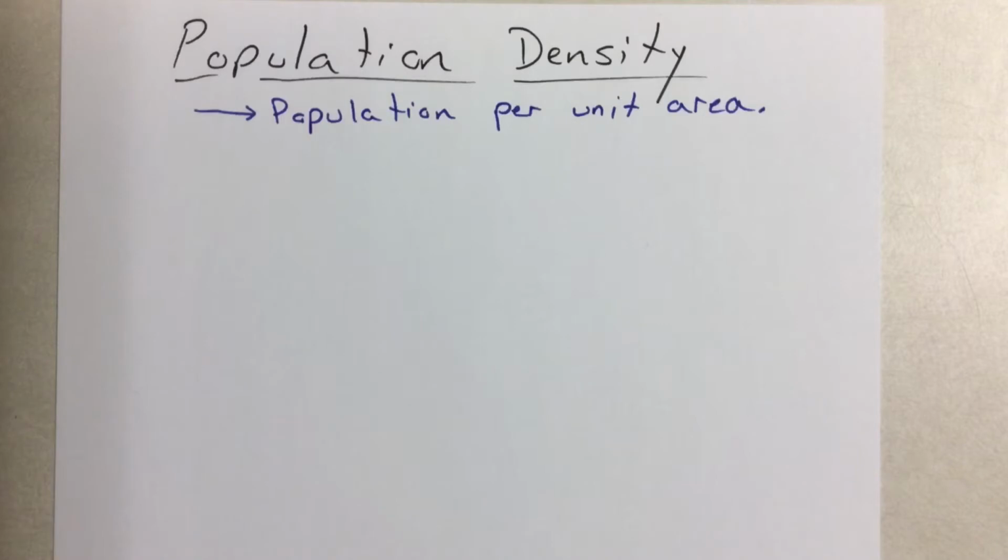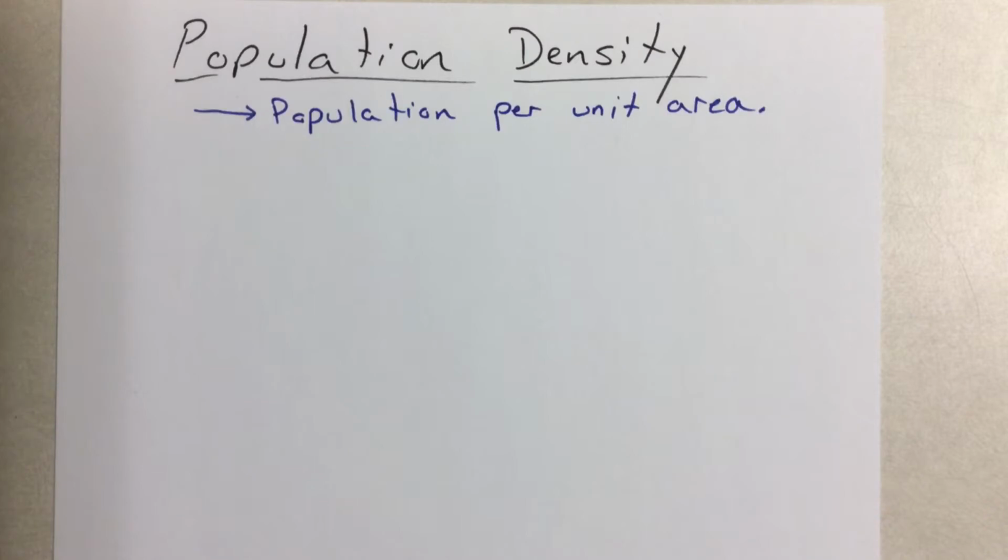For us humans, the issue becomes housing. Where can we live when a population's overcrowded, a region's overcrowded? So population density is really used when studying human behavior, and even animal behavior, you can examine whether a population of lions, say, is healthy.